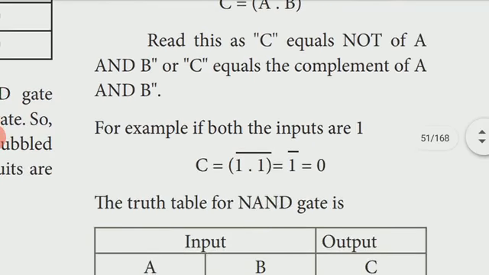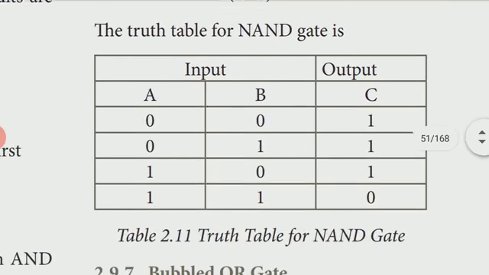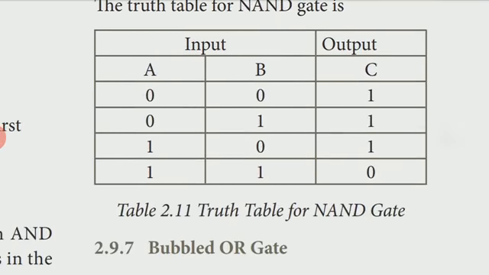In this, they explained C equal to 1 dot 1. If both inputs become 1, what will be the answer? 1 into 1. Use AND gate. 1 1 means answer 1. 1's complement is 0. Just see, this is the truth table. 0 0.